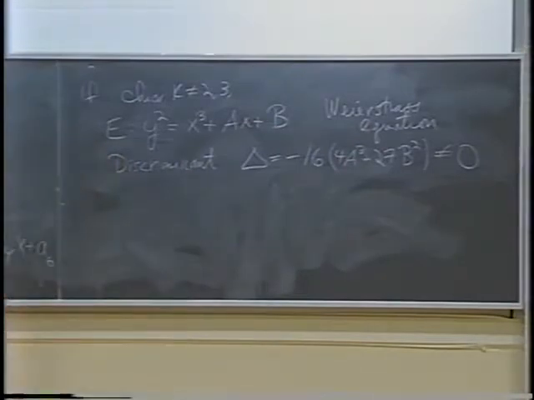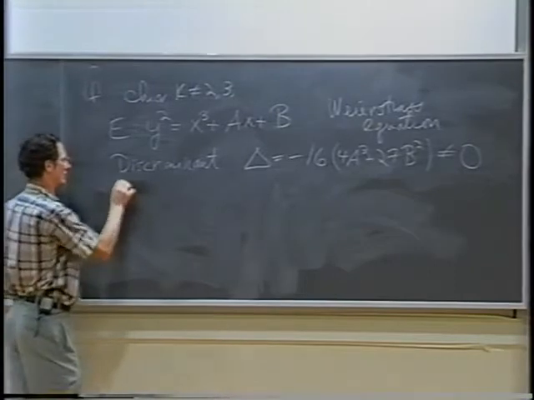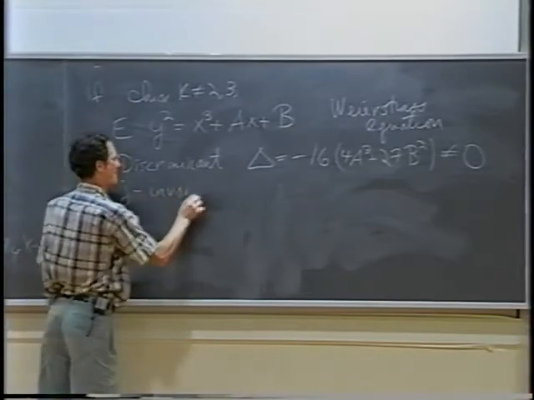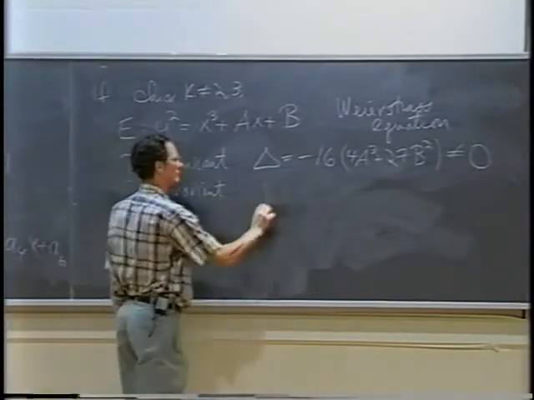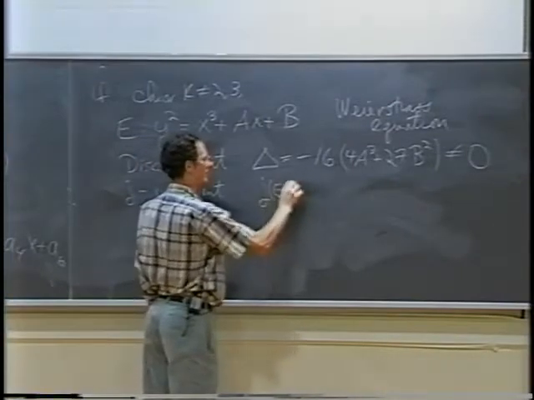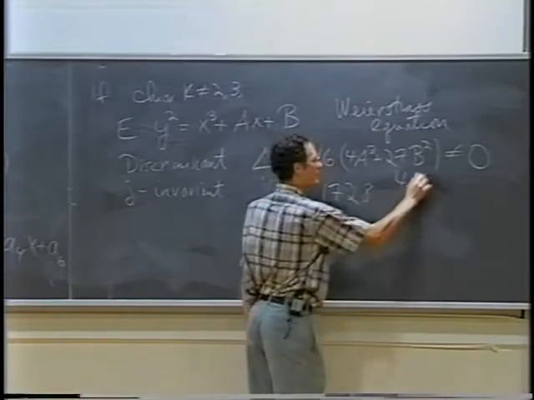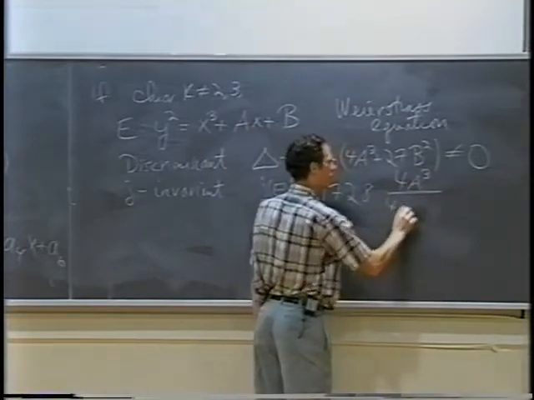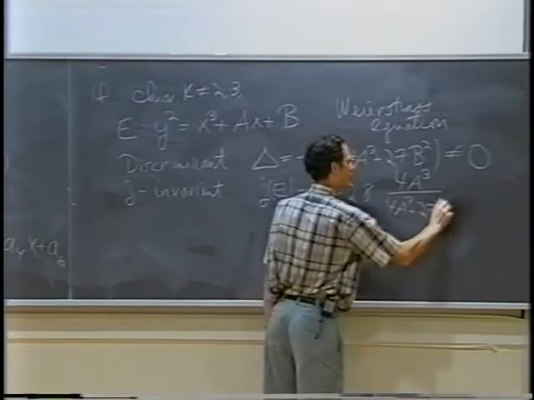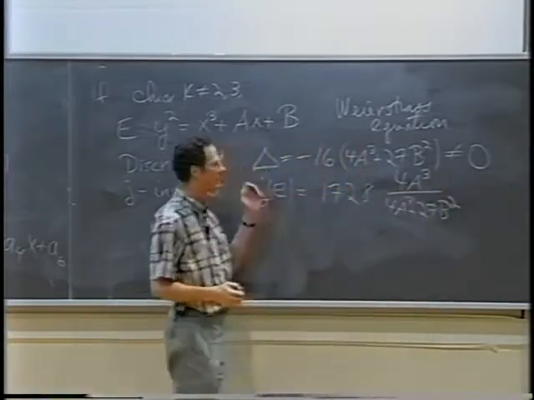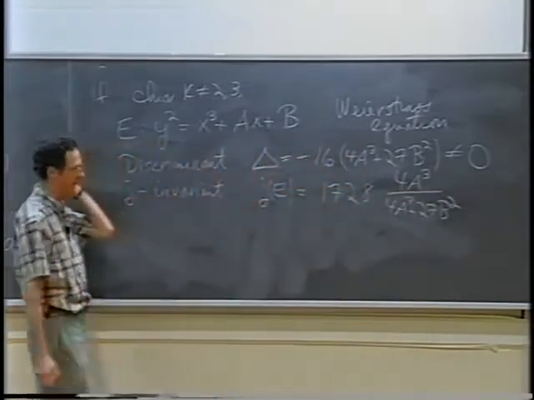There's much more complicated formulas, but they're easy enough to compute for the general form. And one also looks at the J invariant, J of E, which is 1728 times 4a cubed over 4a cubed plus 27b squared. The denominator not vanishing because of this condition here, of course.